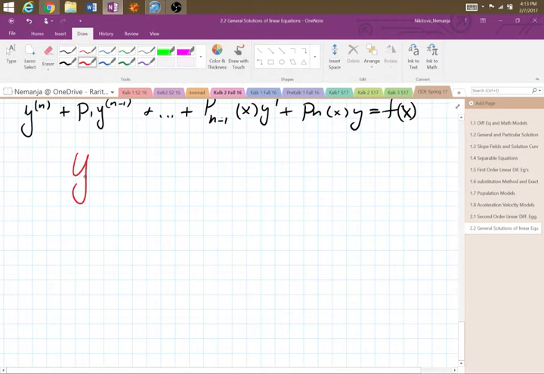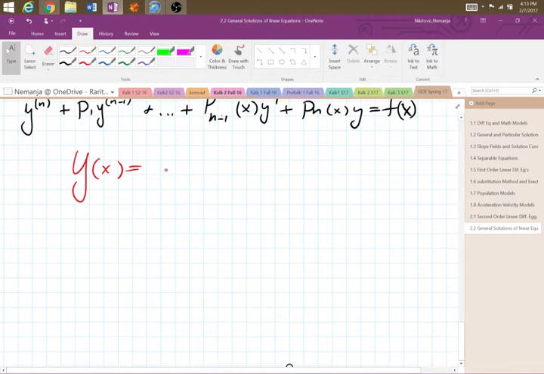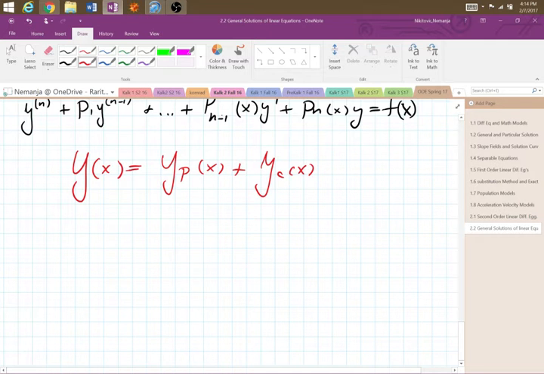So the overall solution y of x is going to have two parts.